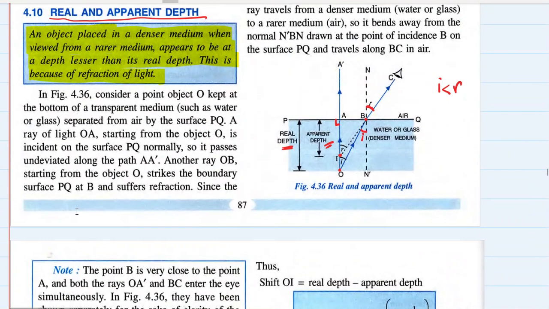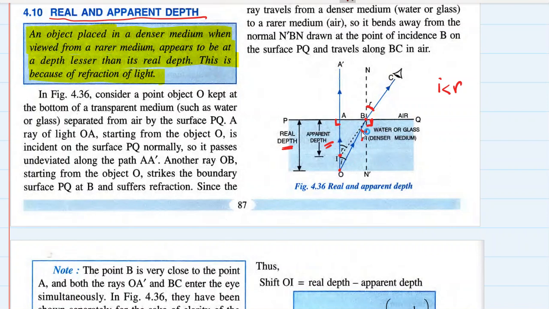Yes, absolutely, they are parallel. You know why they are parallel? Because this ray is incident normally to the surface separating two media, and N dash is normal itself. So they both make 90 degrees with the surface, and that means they both are parallel to each other.